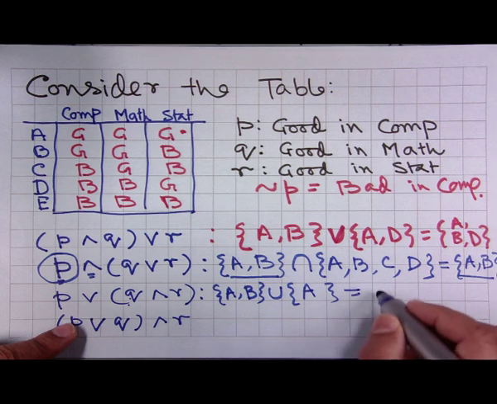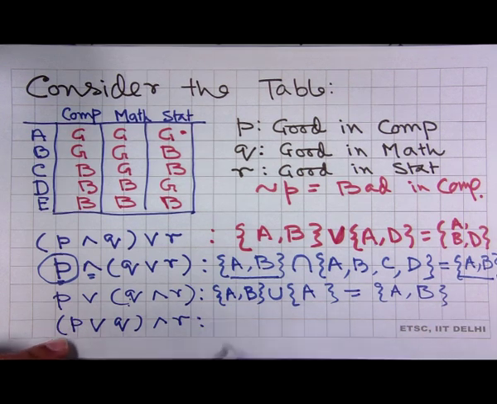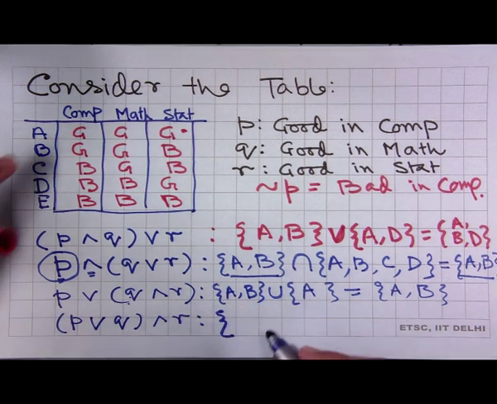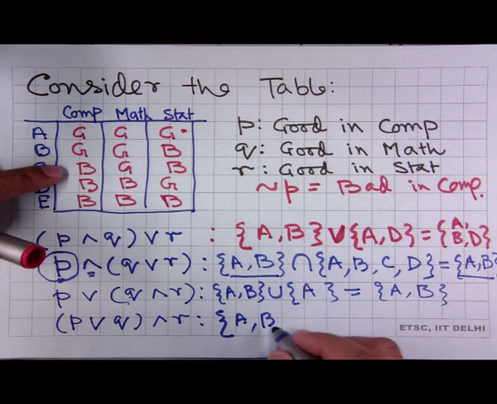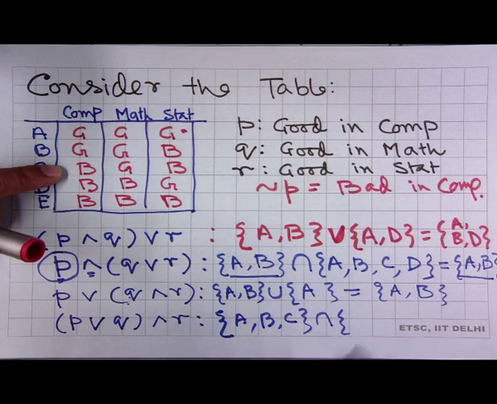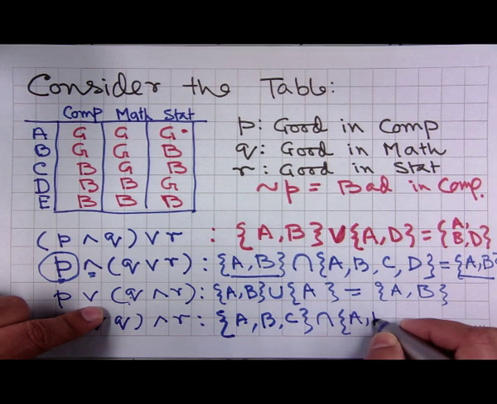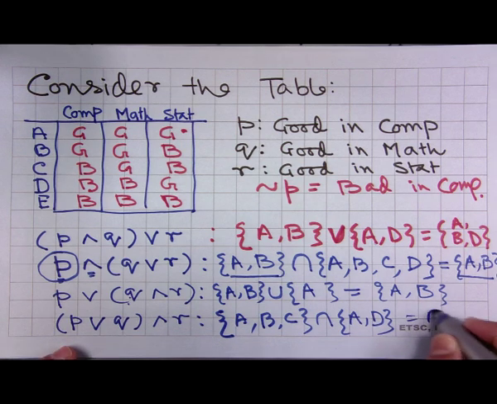Therefore, this is going to be only A, B. On the other hand, if we look at (P or Q) and R, then by the similar logic, P or Q is going to give me A, comma B, comma C, and because it is an intersection, R you will be given by A and D, and therefore, we get the intersection to be A.